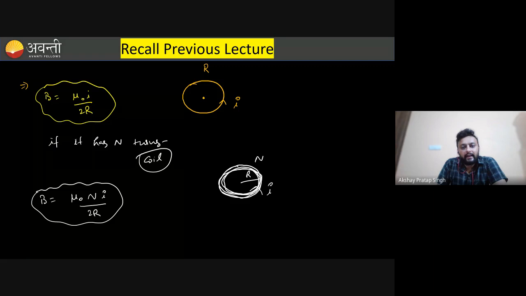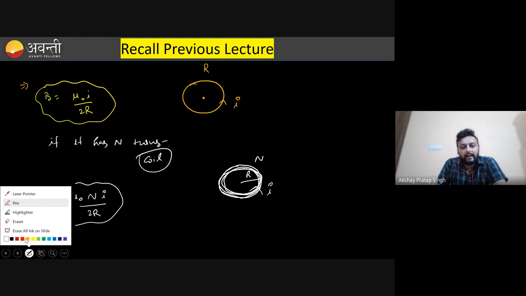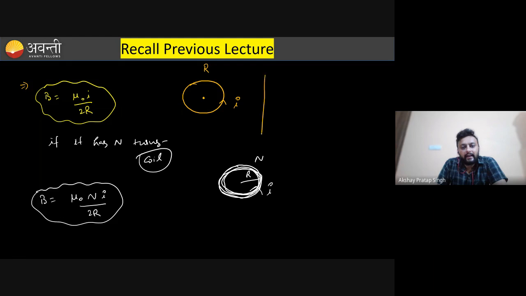One more thing that I completed in the previous class was what if the loop is not complete, that it is just an arc. Like this is the arc. This is the center of the arc, the radius of the arc is r, and this angle is theta.